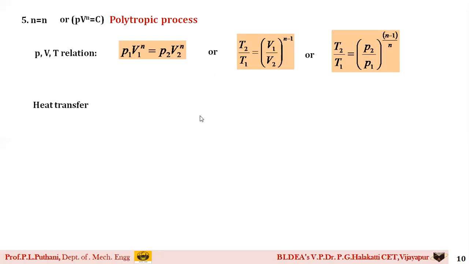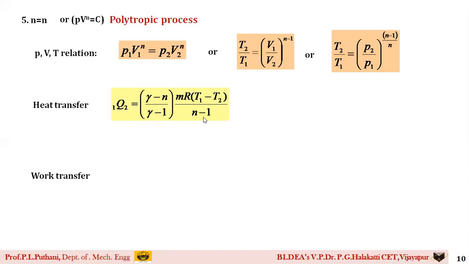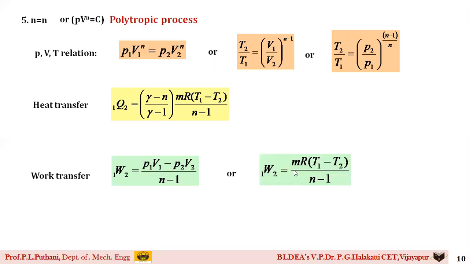Therefore, for the polytropic process, Q12 is gamma minus n by gamma minus 1 into MR into T1 minus T2 by n minus 1. Or the work transfer equation, I can write it as P1 V1 minus P2 V2 by n minus 1, or I can write it as MR into T1 minus T2 by n minus 1.